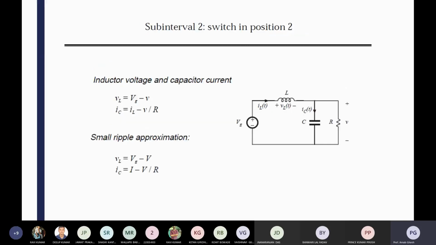In sub interval 2, switching position 2, the inductor voltage is VL equals VG minus v, and IC equals iL minus v by R. Approximated, neglecting the small ripple, VL is VG minus capital V, and IC is capital I minus V by R.